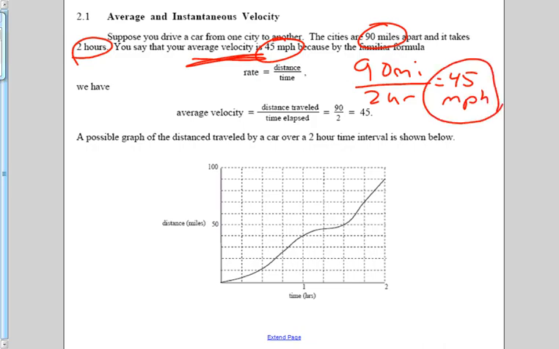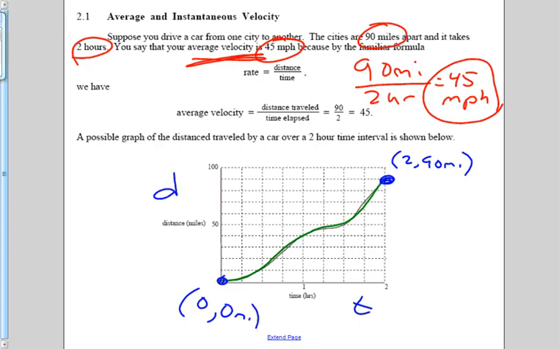But now, let's say here is a possible graph for our distance at any time. So when we think about what the average velocity graphically looks like, well, in my time and distance graph, I finished at the point 2 hours, 90 miles, and I started at the point 0, 0 miles.